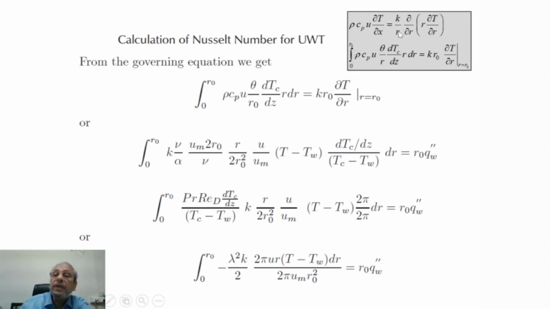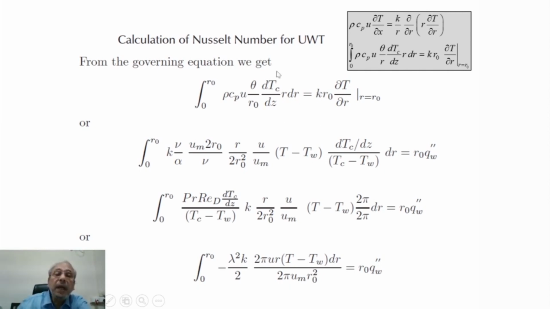After transferring r and integrating with respect to r, setting the upper and lower limits, we get k r naught del T del r at r equal to 0.